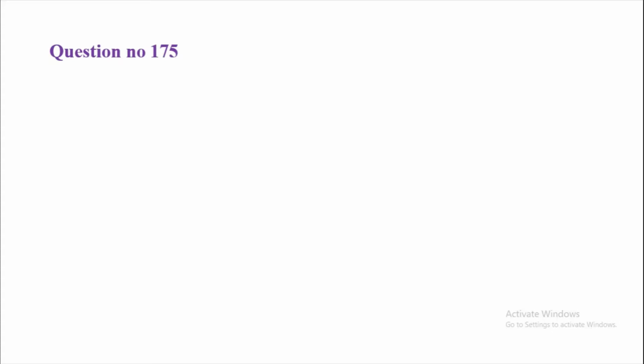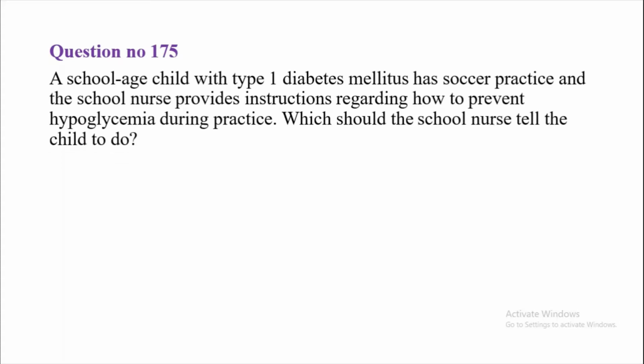Question number 175. A school-age child with type 1 diabetes mellitus has a soccer practice, and the school nurse provides instructions regarding how to prevent hypoglycemia during practice. Which should the school nurse tell the child to do?